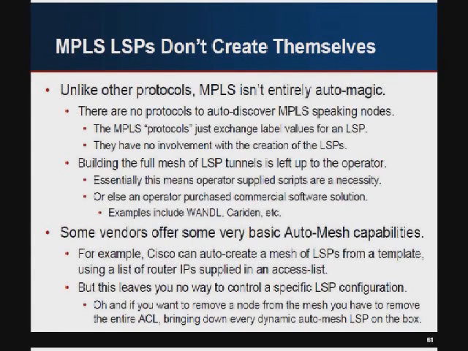Some vendors offer what's called auto mesh capabilities. For example, Cisco can do this, where you define an access list with a bunch of IPs, and then you define a template, and you say, go create a bunch of LSPs to these IPs using this template. The downside is there's no way to manually control any individual LSP after that point.